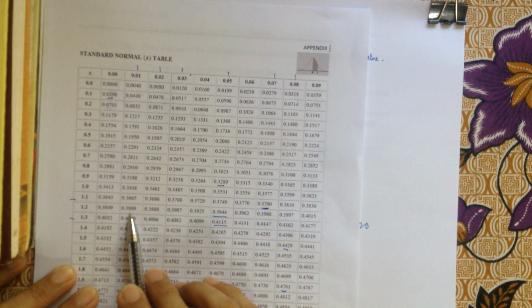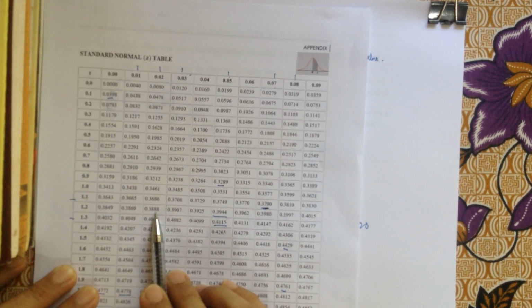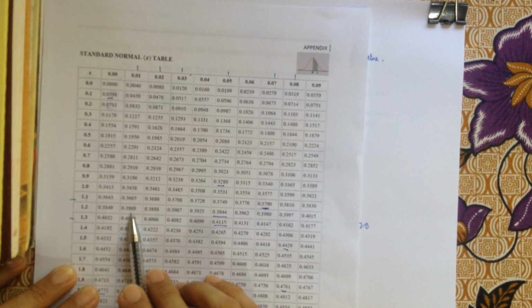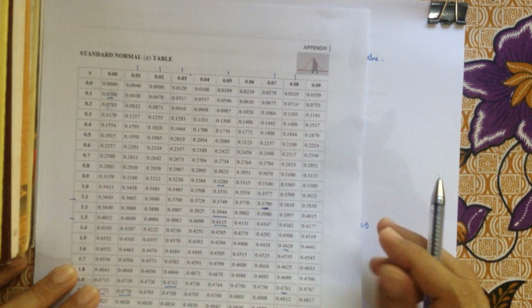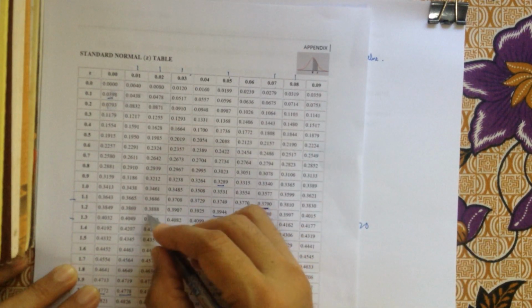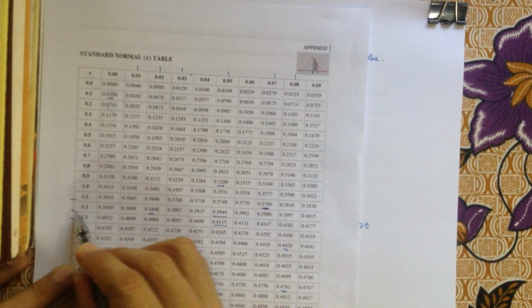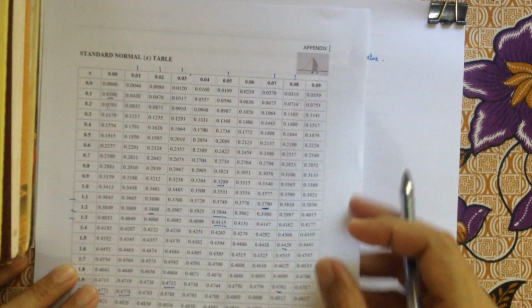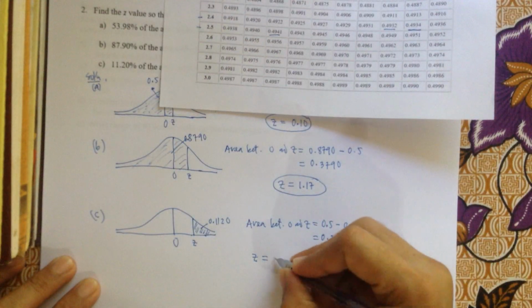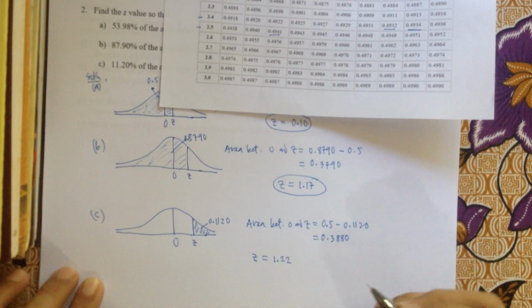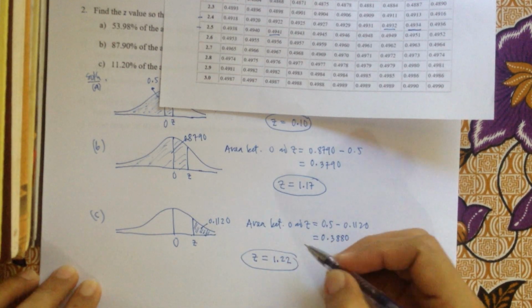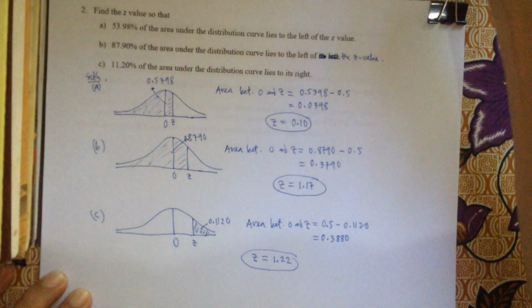What about this one? That's already too far. The difference is 0.0011, while here it is 0.0008. Okay, so we choose this, which is 1.22. So this is 1.22, and this is the value of your z. So that's it.